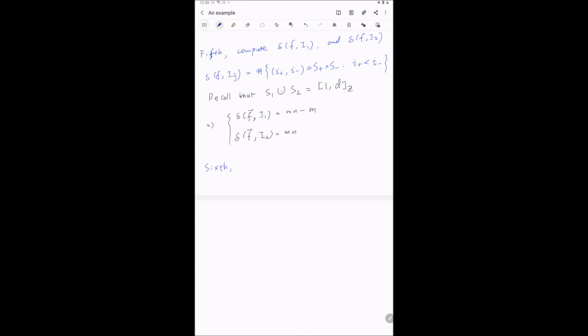And finally, we can compute the capital delta of f, t0, t2.